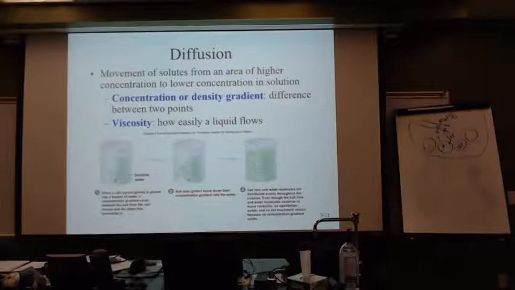So let's take that idea and apply it to the human body. What would we need in our human body to flow easily? Blood. Blood. If you're not well hydrated, it's harder for the blood to flow.